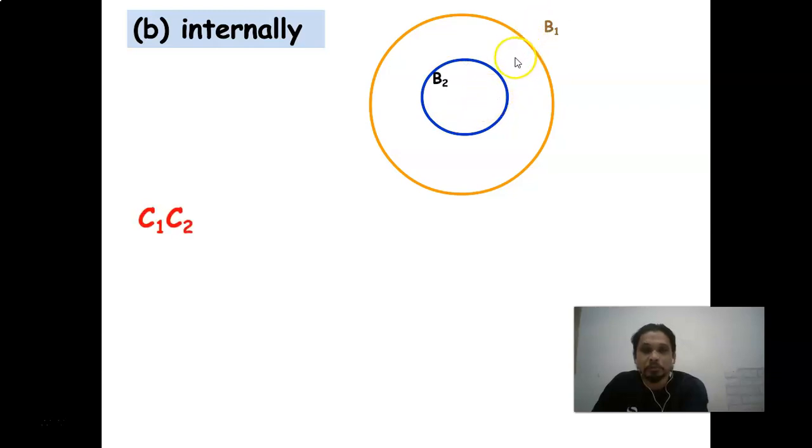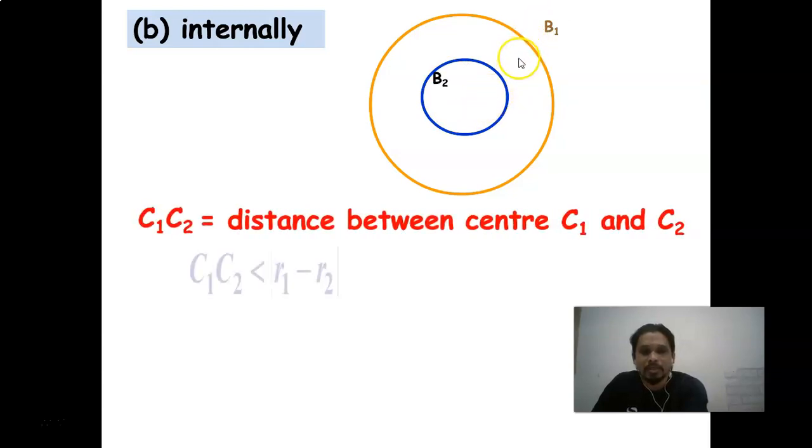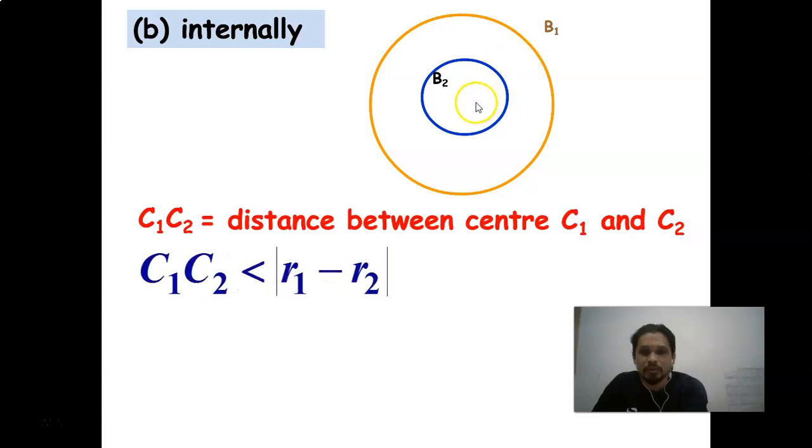So the distance between C1 and C2, the distance of the center of C1 here and the center of C2 somewhere around here, with radius 1 and radius 2, might be less than the modulus of R1 minus R2.